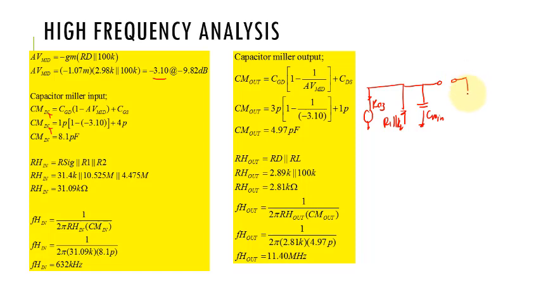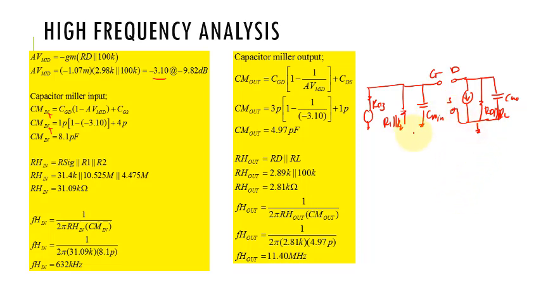Then we have here the RD, RD parallel with our RL, and this one is C Miller out. So this one is gate, drain, and this one is our source.